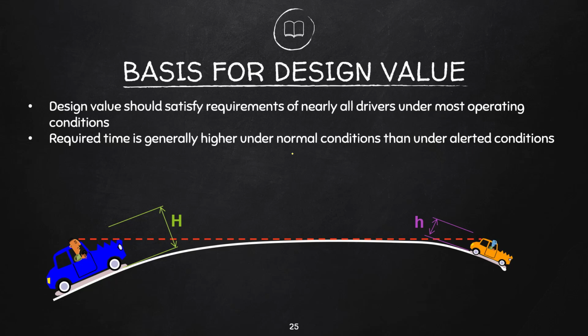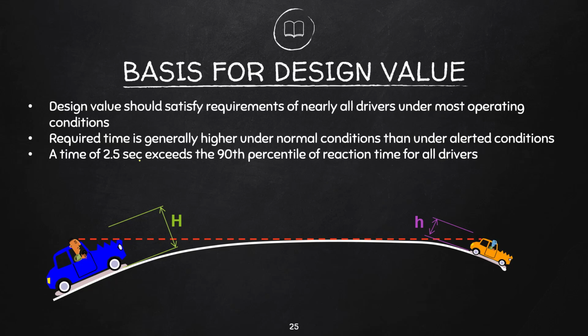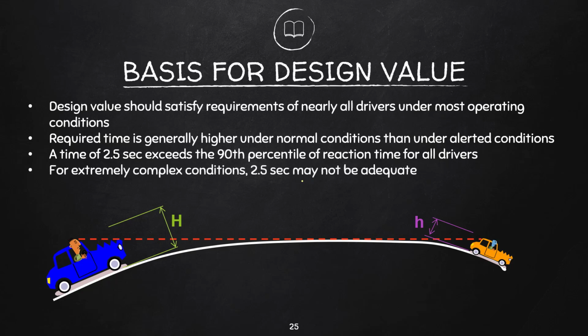Under normal conditions you will not be that alert, so it will require a higher amount of time for you to perceive that specific danger and decide if it is really an obstruction. If you're in an alerted condition, of course, it should be a smaller time. A time of 2.5 seconds exceeds the 90th percentile of reaction time for all drivers, as I mentioned a while ago. For extremely complex conditions, 2.5 seconds may not be adequate.